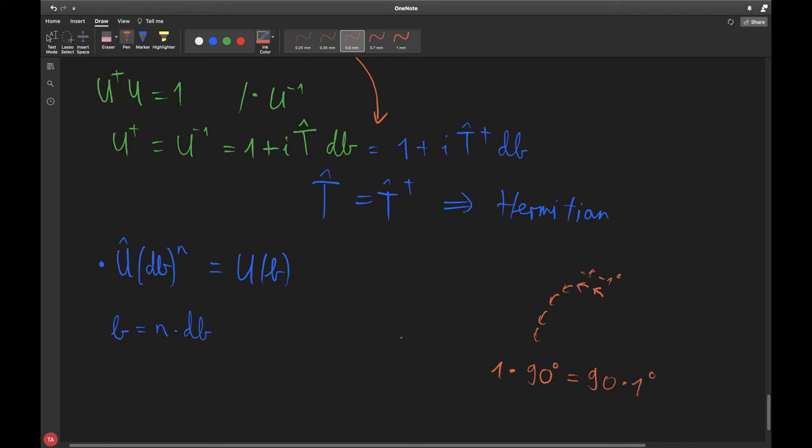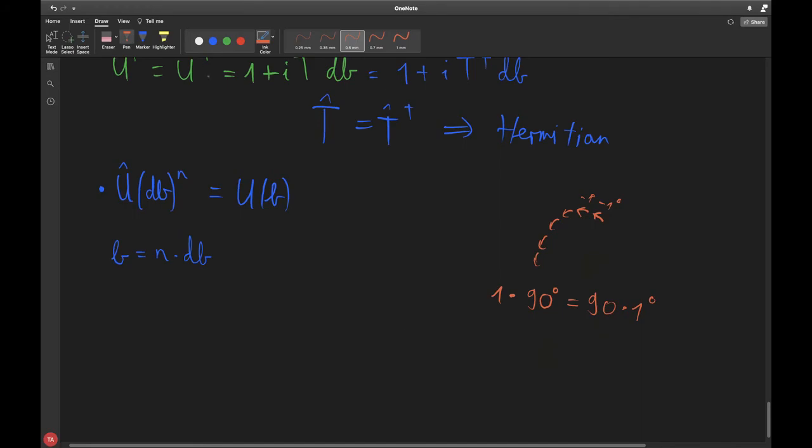This is just a physicist trick, that we do some big change in small steps. So from this, we can say then that dB is the same as b divided by n.